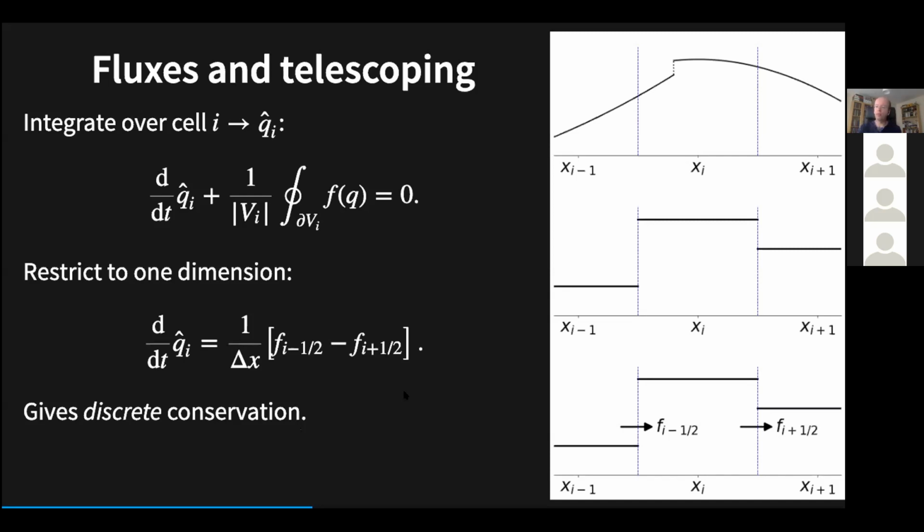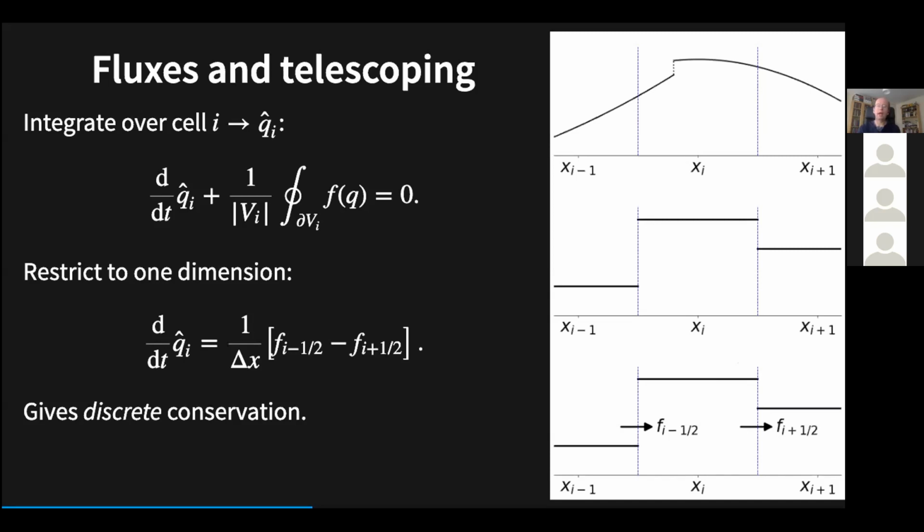As we saw in the first lecture, having conservation is essential to ensuring that the Rankine-Hugoniot conditions are satisfied. So by imposing discrete conservation, we're going to ensure that the discrete Rankine-Hugoniot conditions are satisfied, and this will mean that any shock propagates at the correct speed.